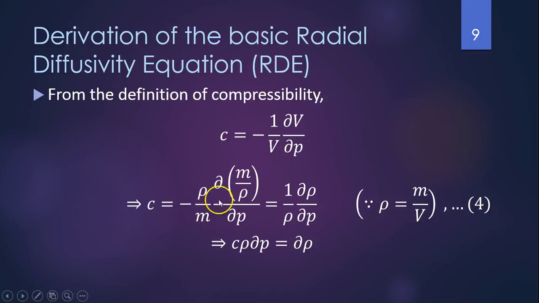So minus ρ by m ∂(m/ρ)/∂p becomes equal to 1 by ρ ∂ρ/∂p.